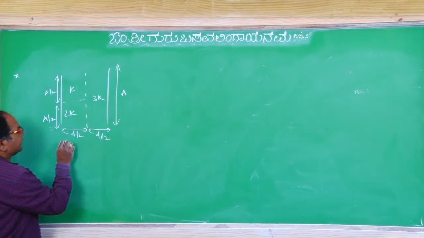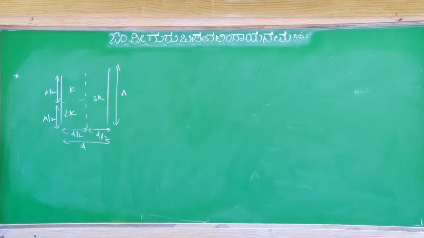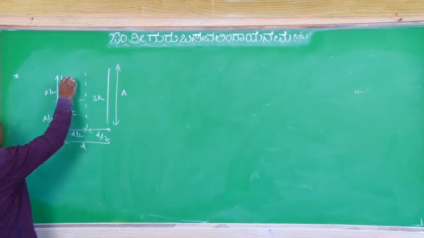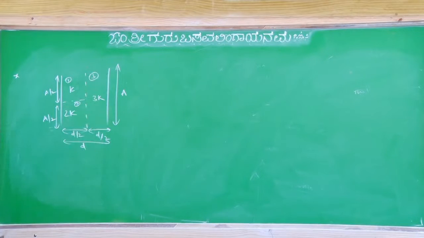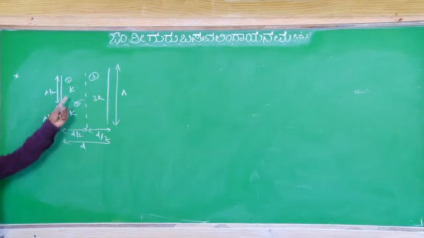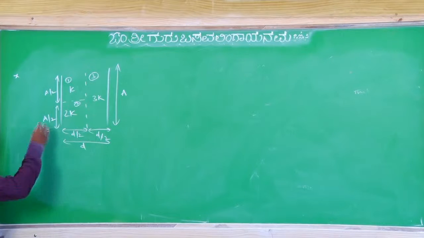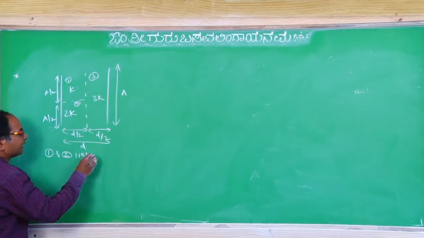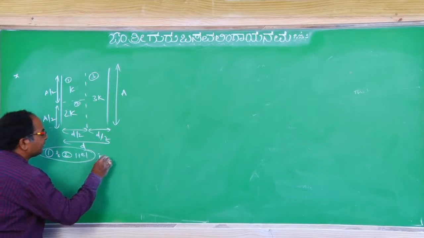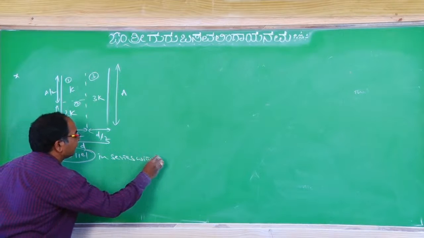This is the separation D. Now, how many capacitors are there? 3. 1, 2, 3. Try to tell what are in parallel. 1 and 2 parallel, and that is in series with the third.